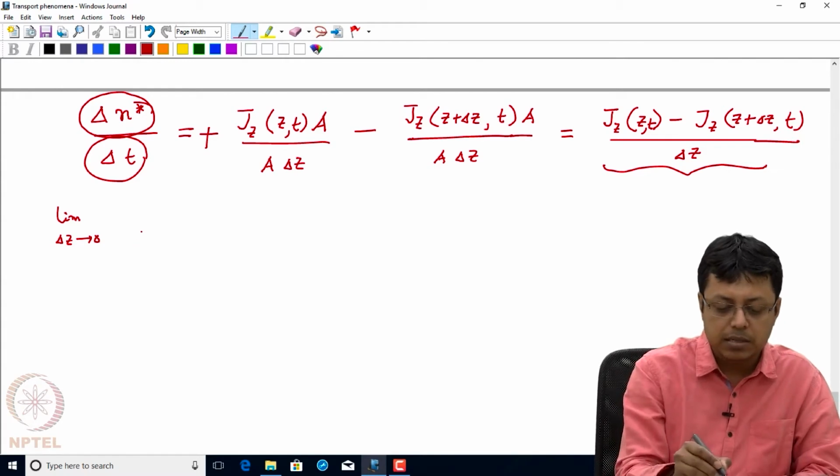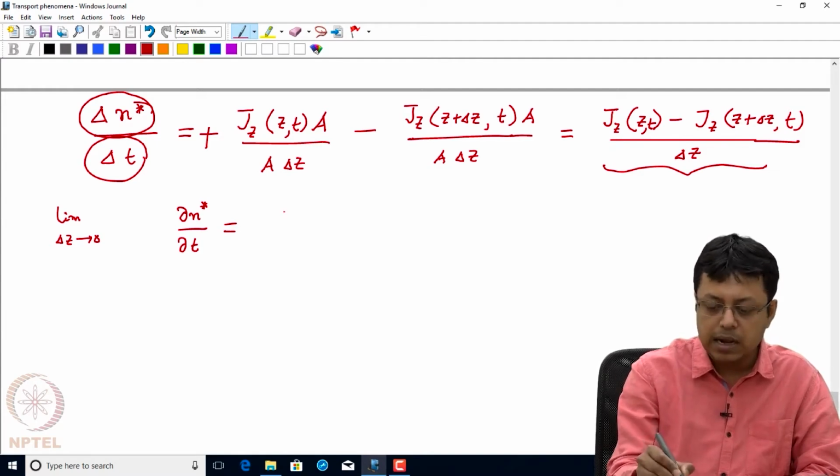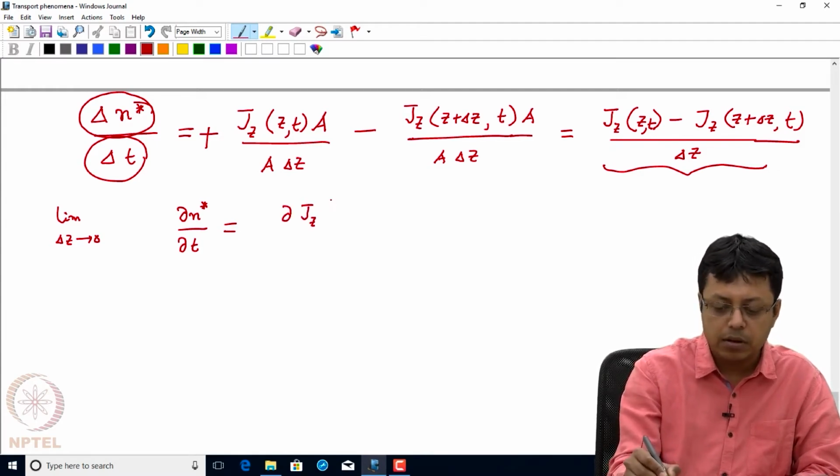In that limit, we can write that this change which we calculated is nothing but the differential change per unit time, which is the time derivative of the concentration, and that is nothing but the spatial derivative of the flux.